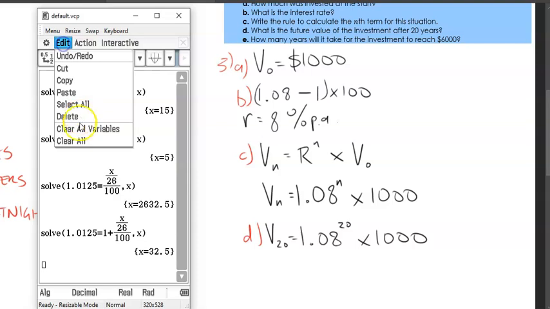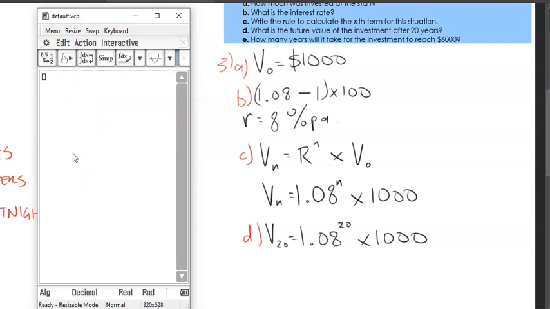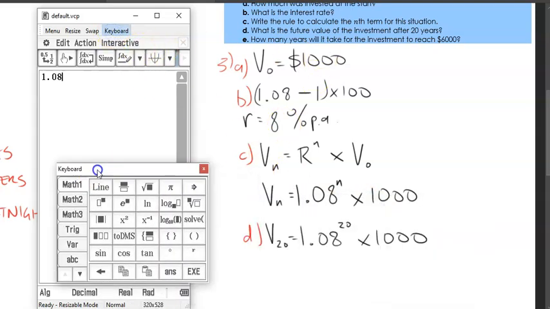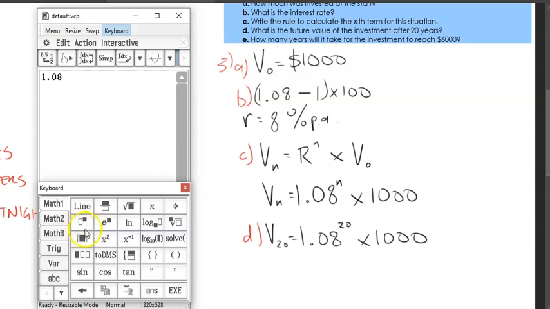We'll go ahead and clear this all first. Okay, so 1.08. Now remember, to the power of, when you get your keyboard out, your power button is in Math 1 by pressing this button here. Power to 20. Make sure that when you do the next part, you go across first, and then you do times 1,000.